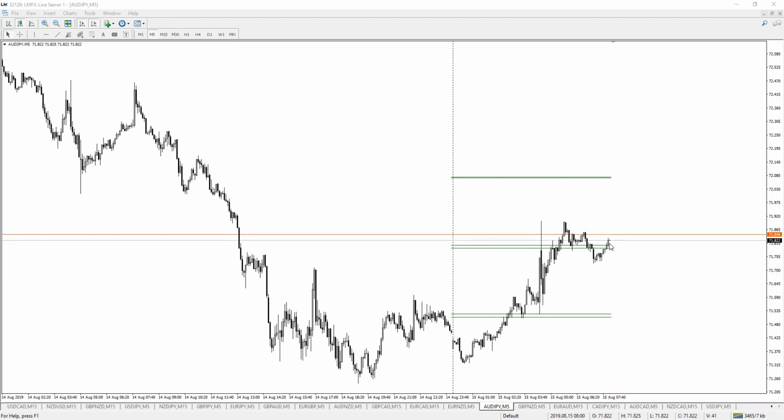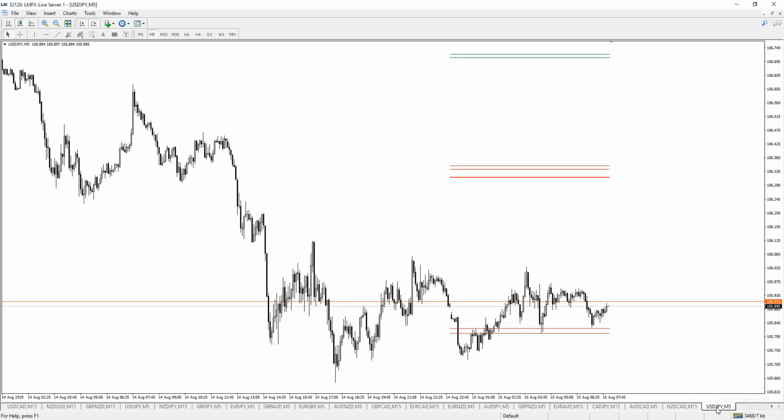Okay, so we're looking at a sell on all JPY, but it's not far above the line, but it's above the line. And then we're looking at a buy on USD JPY. It looks like that's starting to develop, but like I said, it's going to take a while. We have a pretty decent amount of consolidation above the line, luckily.